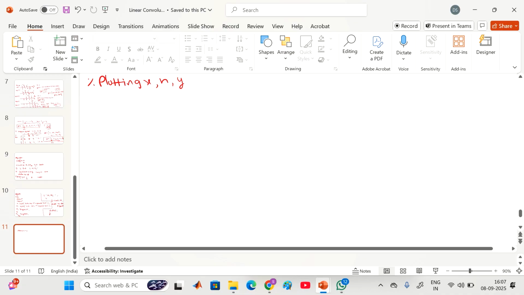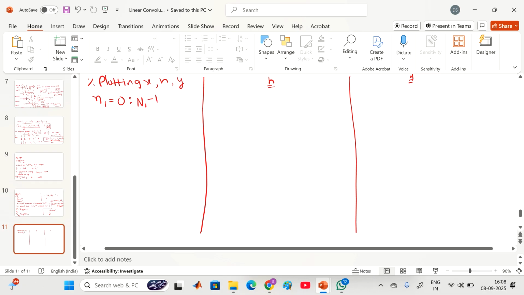Now to plot the sequences, first n1. I have given different indices for x plotting, h plotting, and y plotting. So first n1 is equal to, because the first sequence is 0 to n1 minus 1.